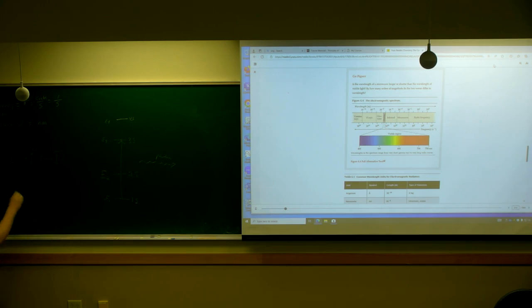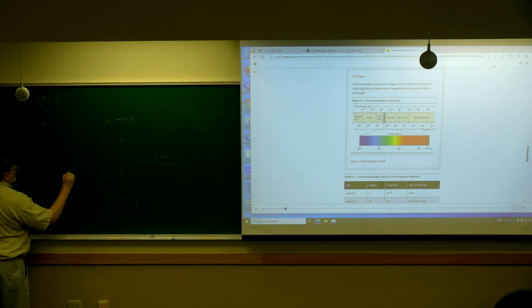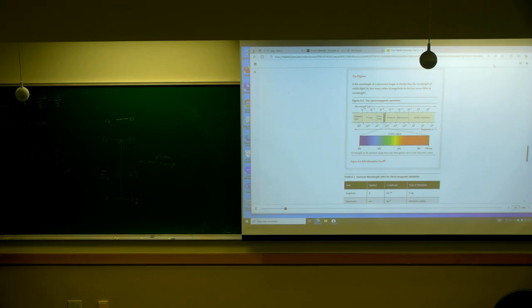So if I wanted to do it in a picture, there's a photon, and you can kind of see its frequency and wavelength there.